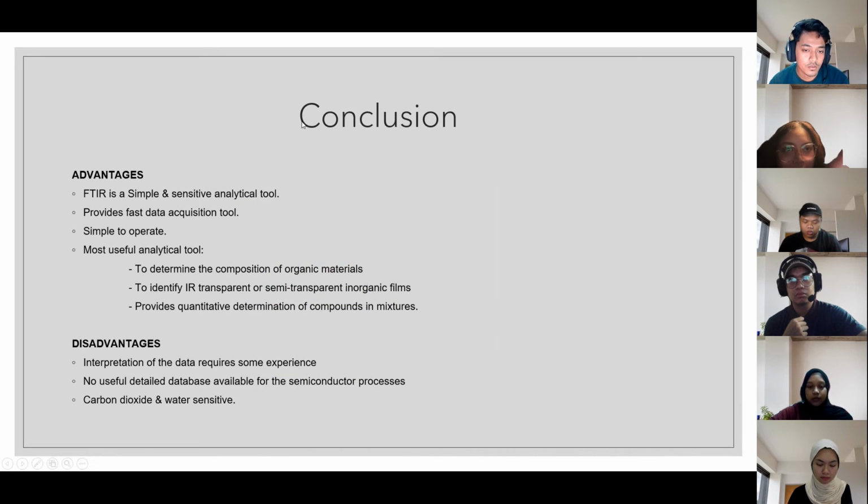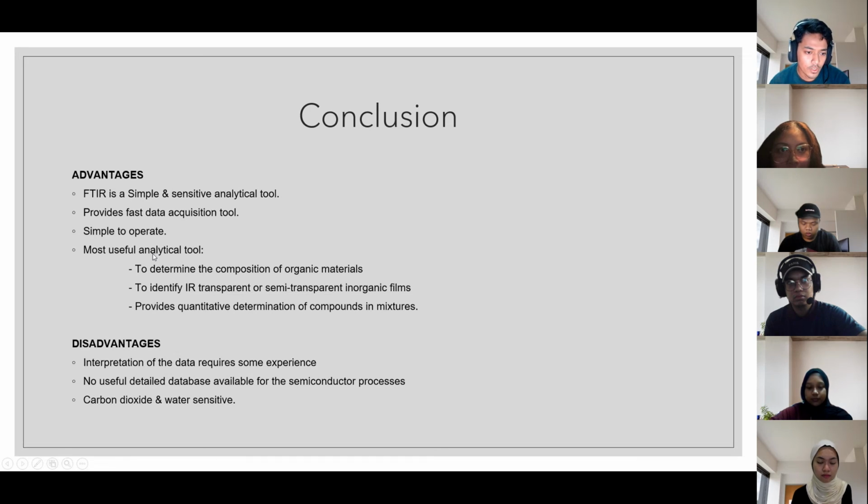For the next slide, the conclusion for this Fourier transform infrared spectrometer. The advantage of the FTIR is that it is a simple and sensitive analytical tool. It provides fast data acquisition and is simple to operate.